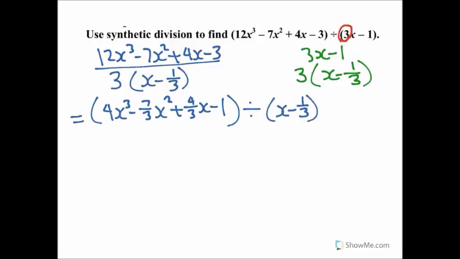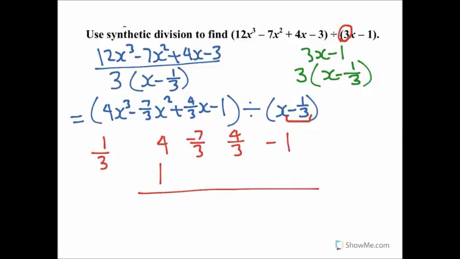So now we can use the same method we used in the previous example. We'll write down all of the coefficients. So we have 4, negative 7/3, 4/3, negative 1. We take the opposite of this number right here, so that is 1/3.